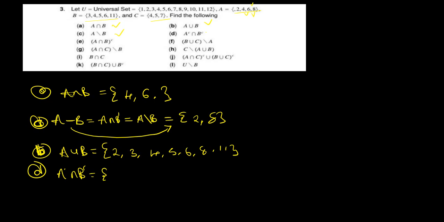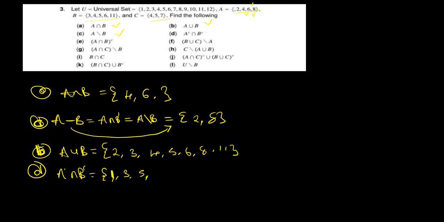I'll put 1 there. 2 is found in A, so I won't put it. I'll put 3. 4 is found in A. I'll put 5. 6 is found in A. 8 is a part of A, so I won't put it.